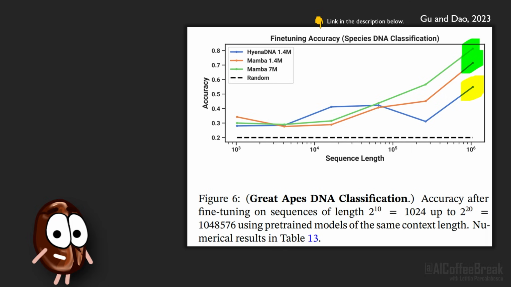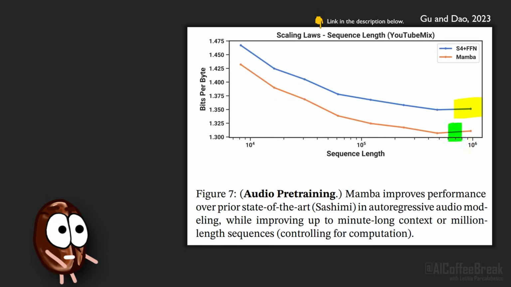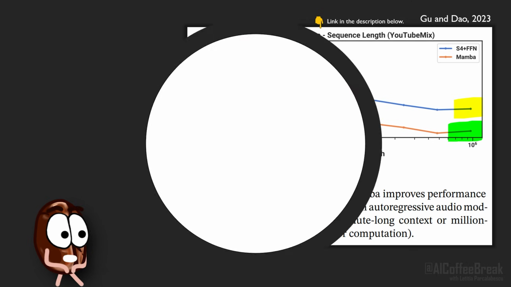Here, sequence length increases a lot to even 1 million tokens, and MAMBA performs better than competition. On autoregressive audio modeling, MAMBA outperforms the previous state-of-the-art, which was an SSM. In sum, MAMBA works great for many data types and challenges the transformer, which so far was the architecture that worked great on all these data types.